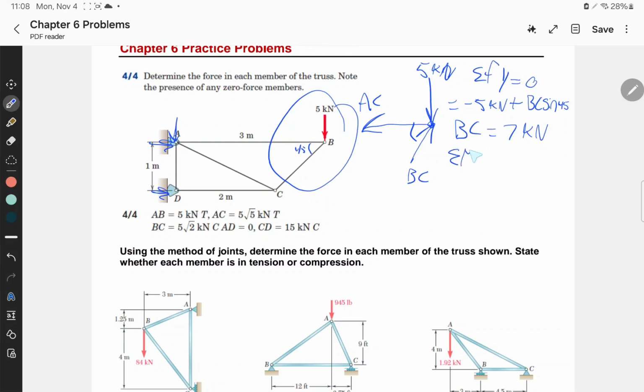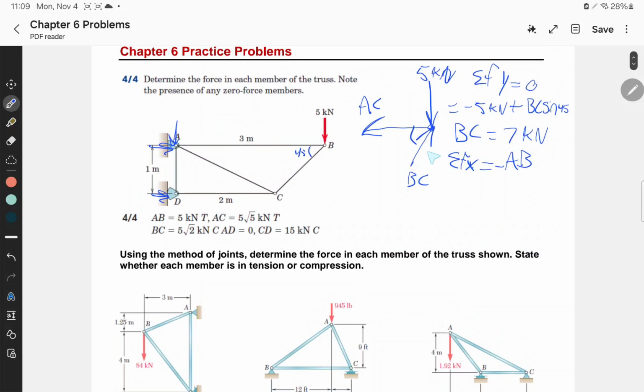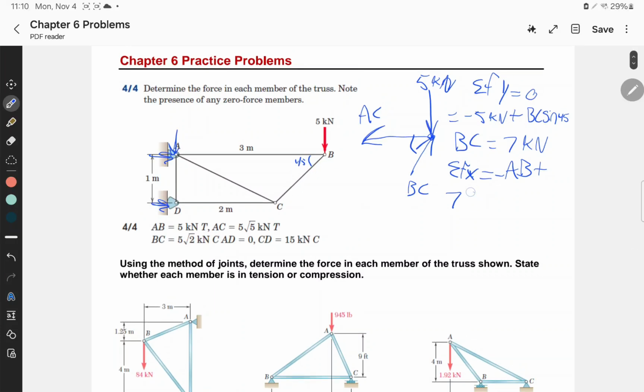And we're gonna find sigma Fx. We're gonna do minus AB plus the positive of this, and we know that BC is 7 kilonewtons, so plus 7, adjacent, cosine 45.